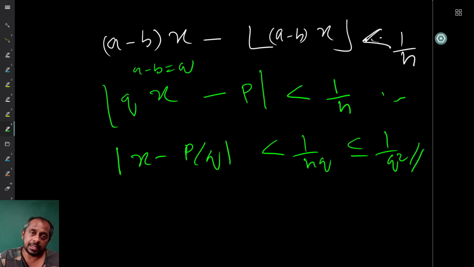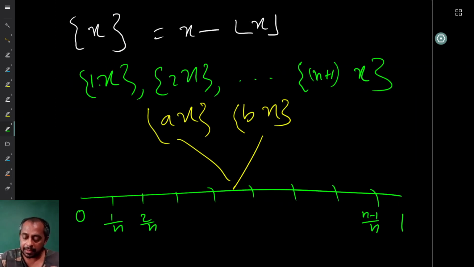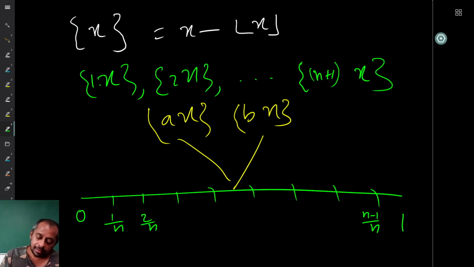So we have proved the Dirichlet theorem by applying the Pigeonhole principle, by considering the intervals 0, 1 by n, etc. as the pigeonholes, and the numbers that we generated by multiplying and taking the fractional part as the pigeons. And this is what requires some ingenuity.